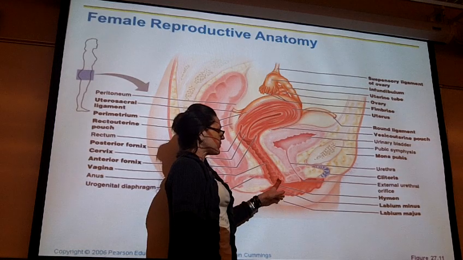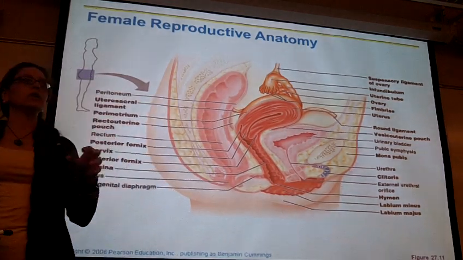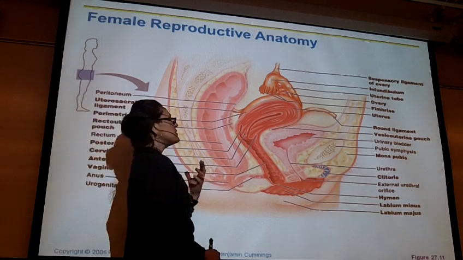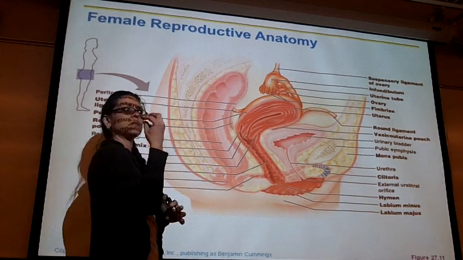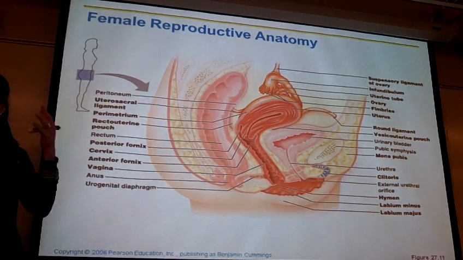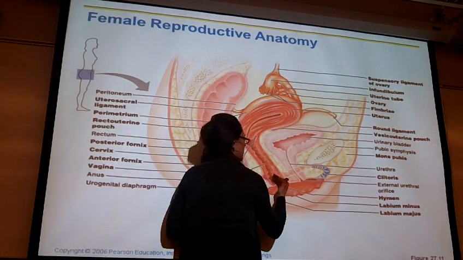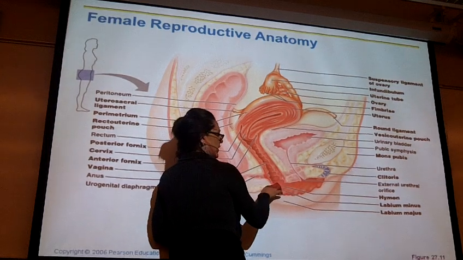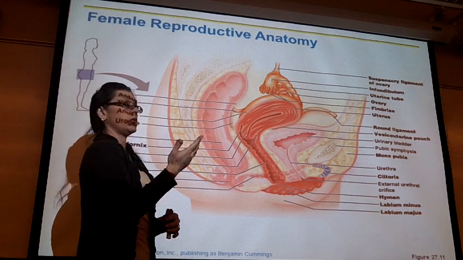If it is intact or partially intact, the first time that a female has intercourse, there's often some bleeding that takes place. And most of that bleeding is coming from that tissue just being broken and the little capillaries that are in there breaking. So that's completely normal. Then if we go past the hymen, on the models and whatnot, you're not going to see a little band of tissue. So you should just know where it would be.